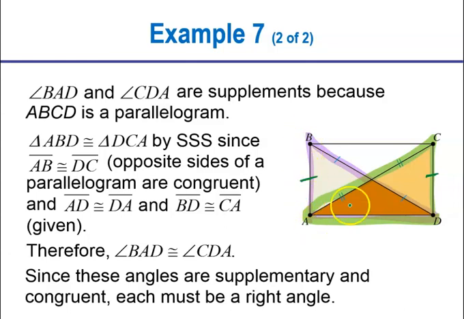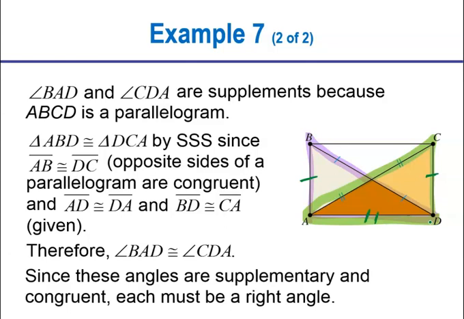So BA and CD are congruent. Opposite sides of a parallelogram are congruent. Hey, they said it there. Good. And AD is congruent to DA. So here's AD, and that's congruent to DA. Remember that's the same part of the triangle, so, of course, they're congruent to each other.